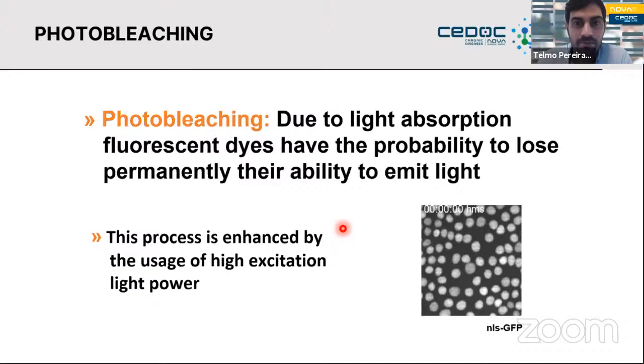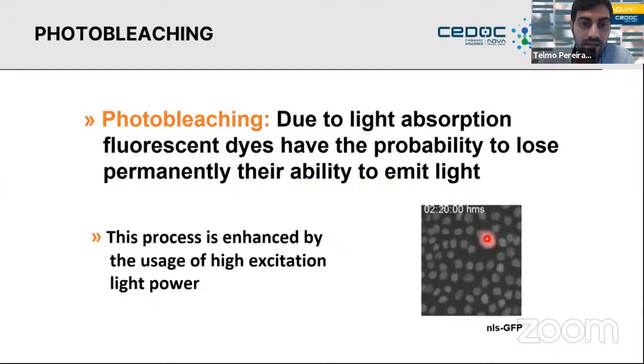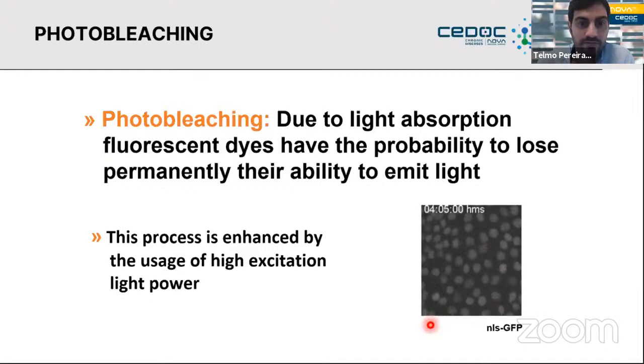So they will stop emitting light over time. This is worse when you are doing live imaging. And you can see that, for example, in this movie here, as minutes go by, the signal goes down and down. And if the movie continues, the signal will completely disappear.